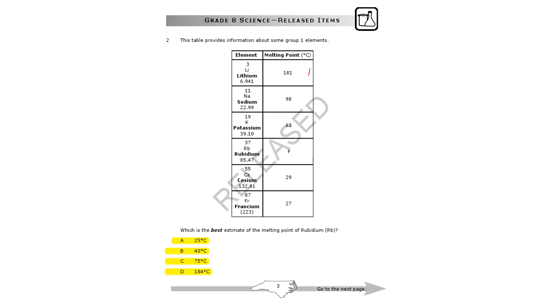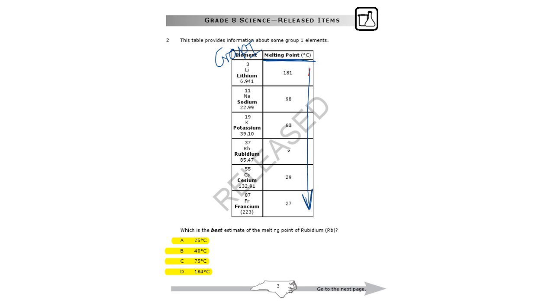This table provides information about some group 1 elements. So this is group 1. They've told us that. All right, we have elements. We have their melting point. Question says, which is the best estimate in the melting point of rubidium? Well, when we look at this from top to bottom, the melting point temperature is going down.